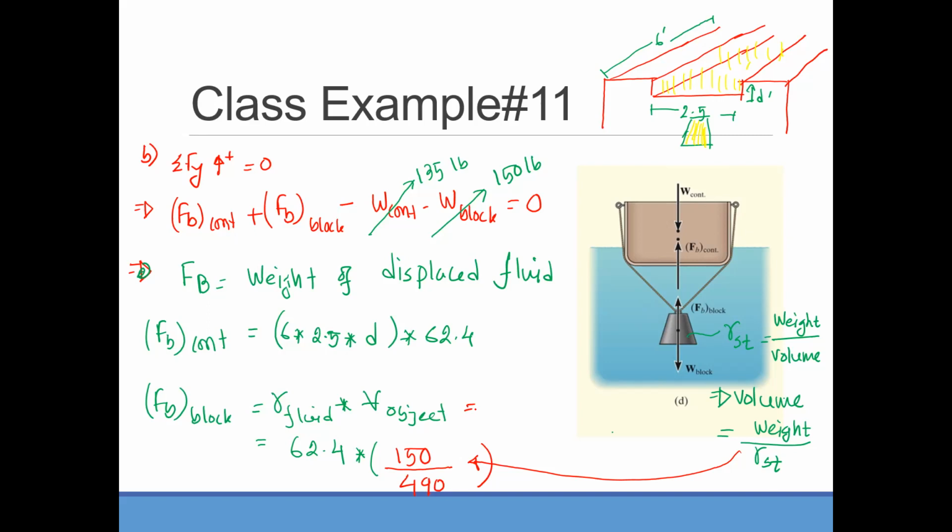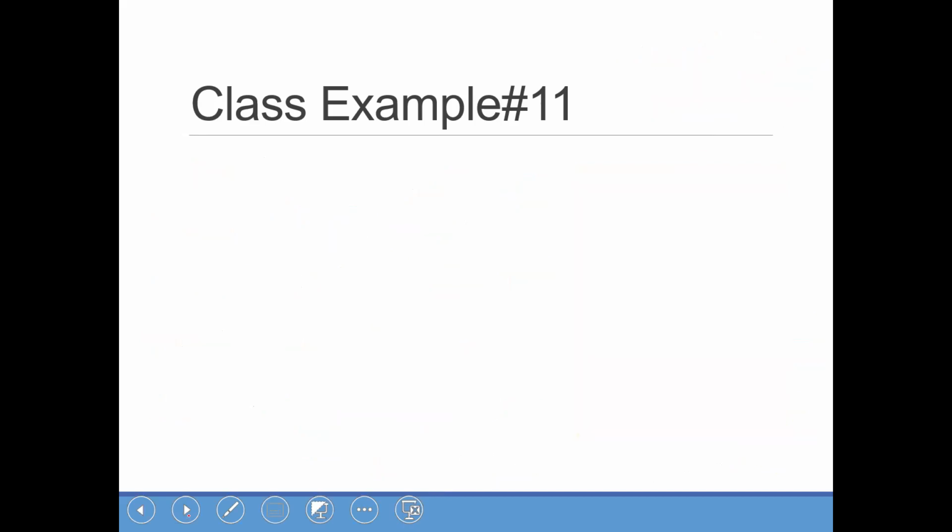So let's calculate that: 150 over 490 multiplied with 62.4 was 19.102 lb.